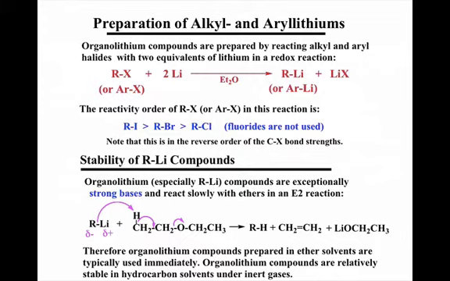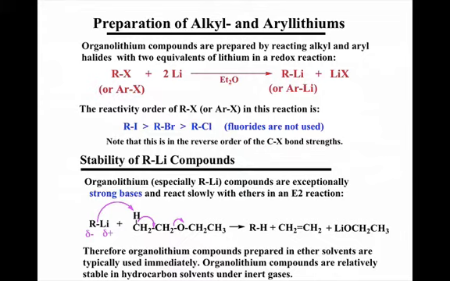Okay? How do I know the reaction's over? I have a precipitate of the lithium salt. That's exactly right. And you make the alkyl lithium. Now, it turns out that the iodides are more reactive than the bromides, more reactive than the chlorides, and that follows the trend that we see as we go down the periodic table, right?